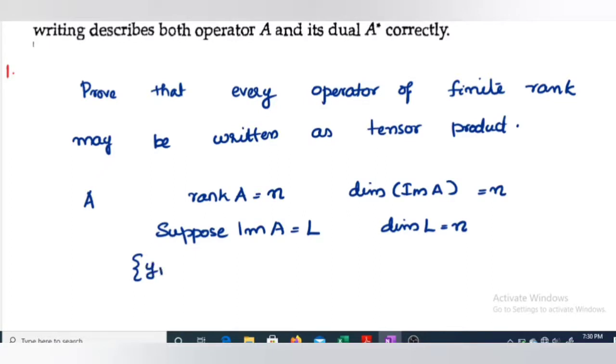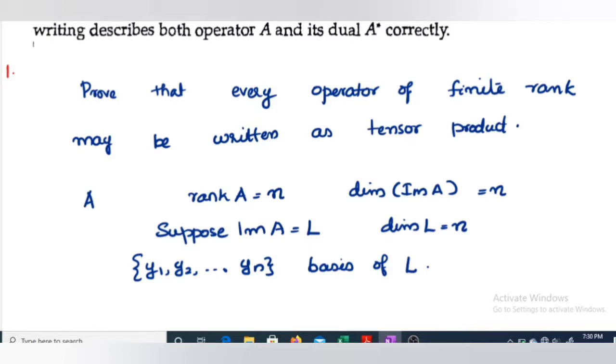Let y1, y2, etc., yn be a basis of L. A basis means a linearly independent set. So given any linearly independent set x1, x2, etc., xn, there exist f's in the dual.